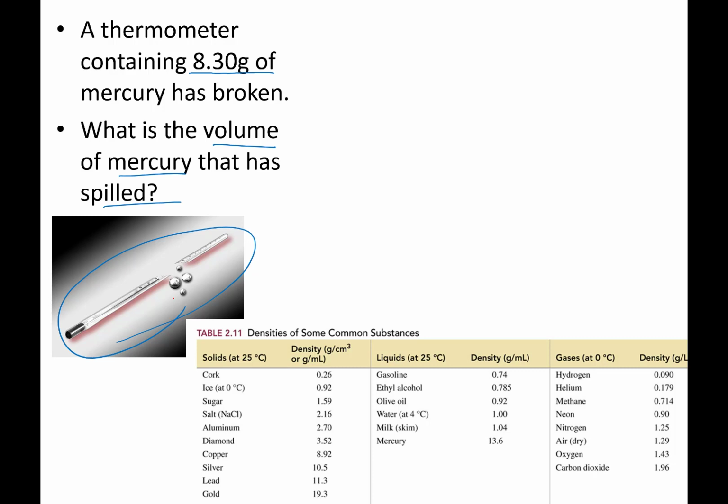But let's say one has snuck through, and this is our situation. 8.3 grams. That gram is a big hint. That is our mass. The mass is 8.30 grams. Let the units be big hints of what you're dealing with. What is the volume? Volume is what we're after. That's my question mark. That's what I want.